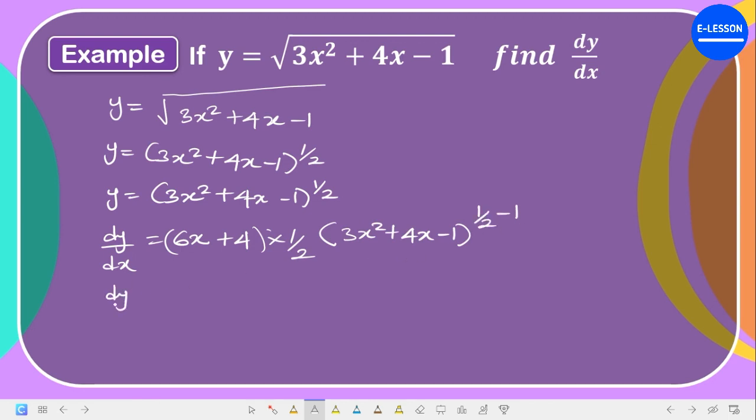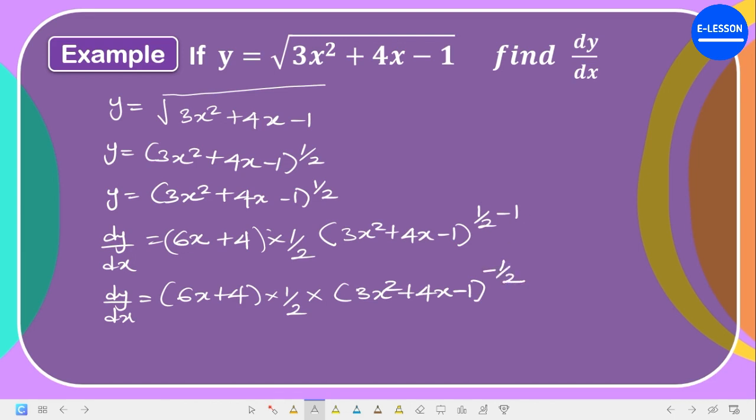This will give us dy/dx equals 6x plus 4 times 1 over 2 times the bracket 3x squared plus 4x minus 1. Half minus 1 is minus half.